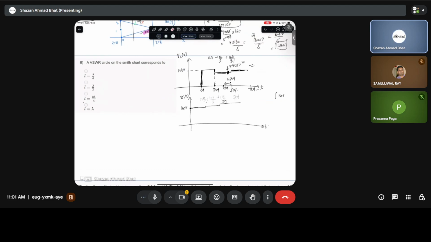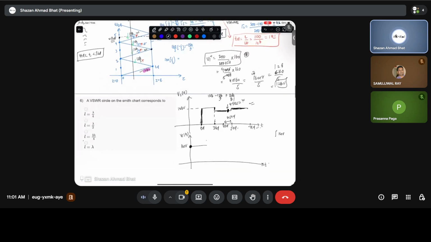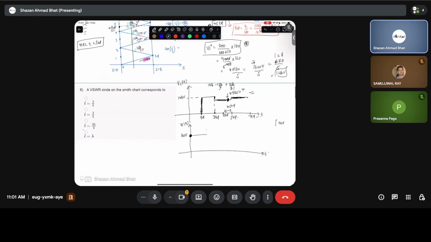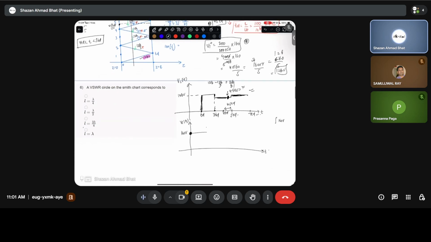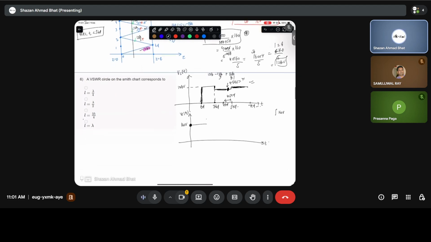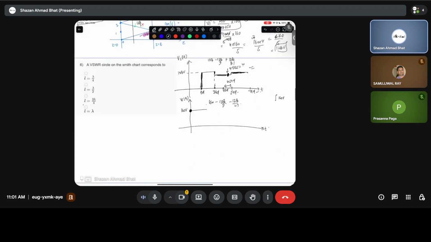That makes sense. So if it was initially 160 volts, the next particular value is going to get reduced by 160 minus 128 divided by 9 minus 128 divided by 27, and then yeah, this will be it.